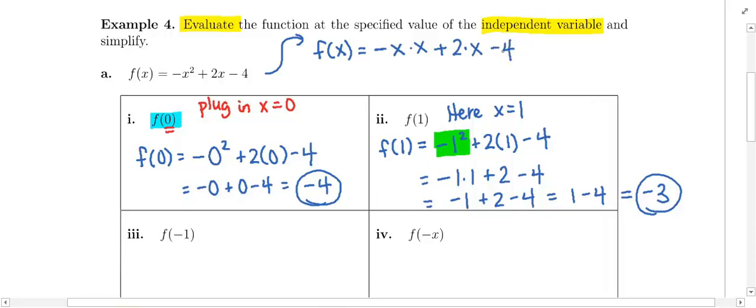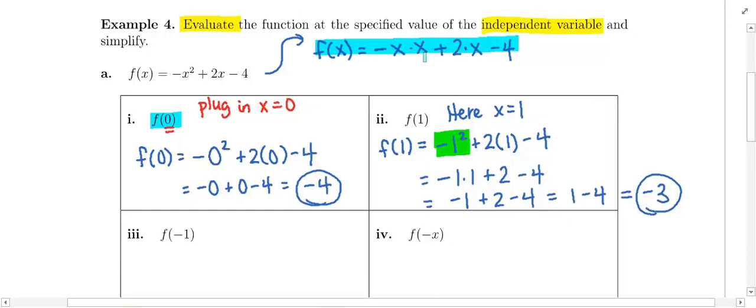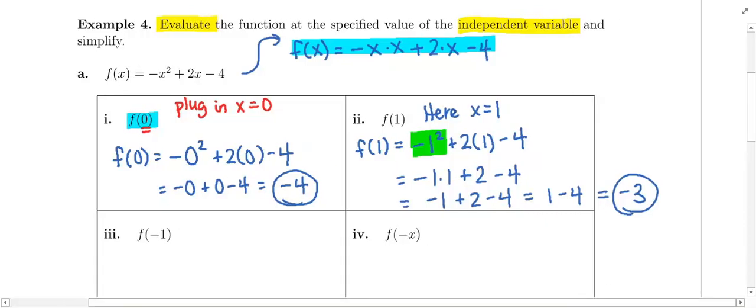If it helps you to translate the original function or equation in this manner, then do that. We did this when we were testing for symmetry, because I wanted to avoid those exponent issues. If it helps you like it did for symmetry, then do it. If you wrote it this way, you might have an easier time evaluating.